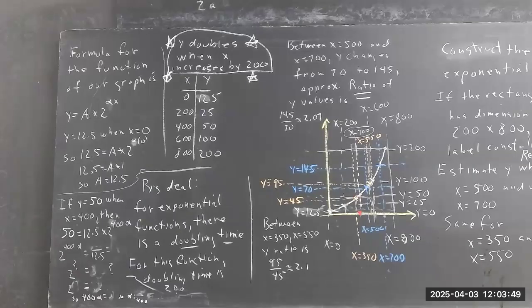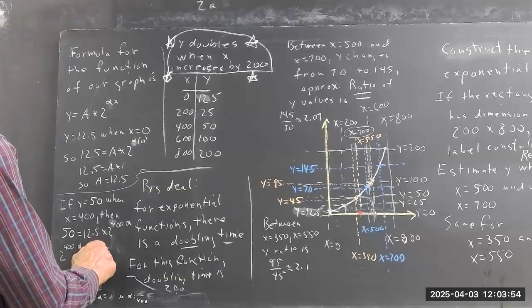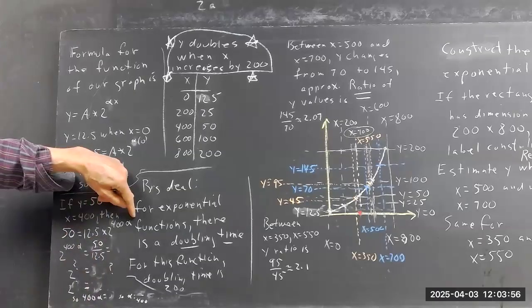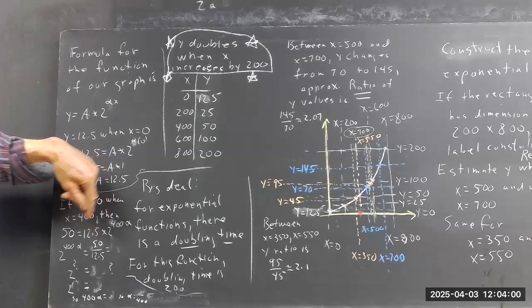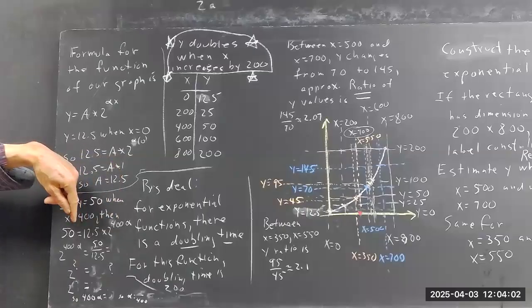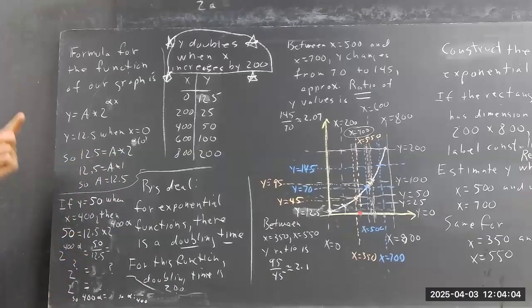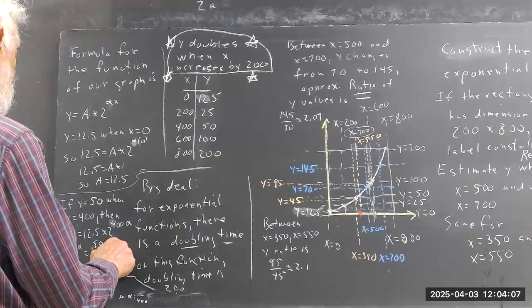So when we solve this equation, we divide both sides by 12.5. We get 2 to the 400 alpha equals 50 over 12.5. That should be obvious, and that's 4.